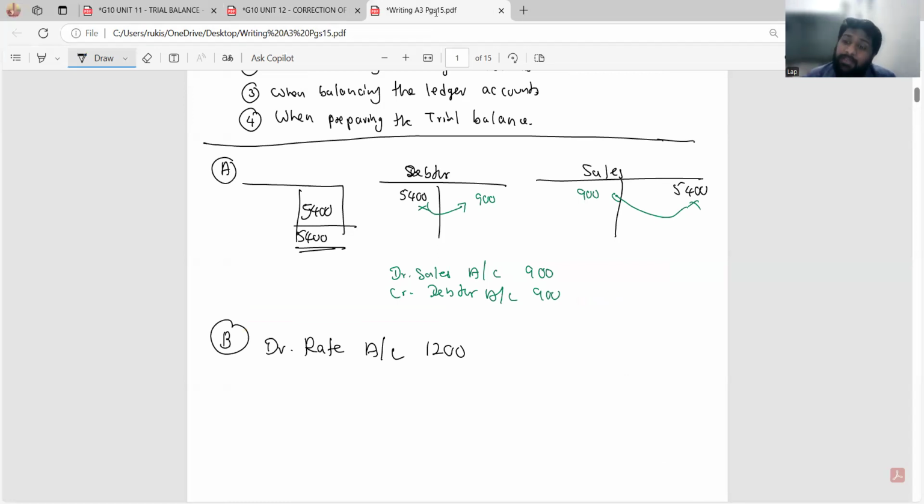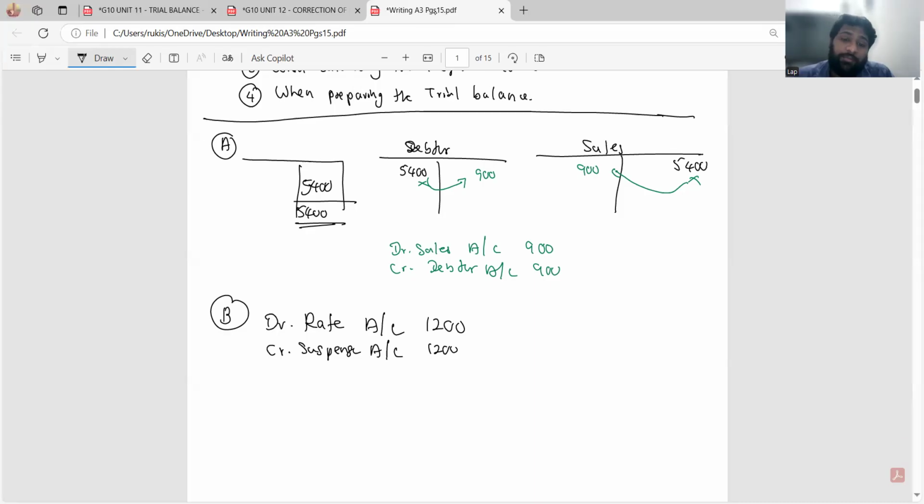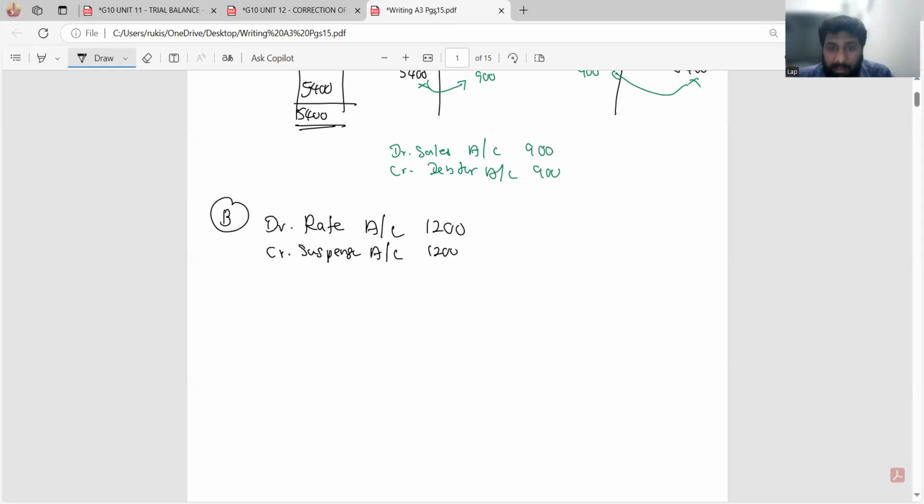If we don't have a place to record, we will record it to the suspense account. Credit the suspense account because the cash account is already recorded. That is B.